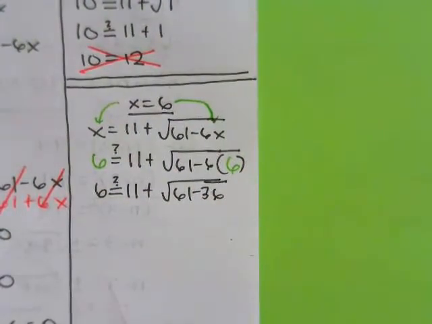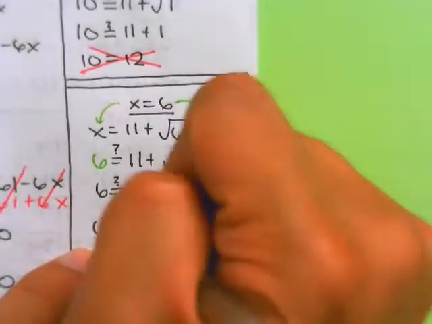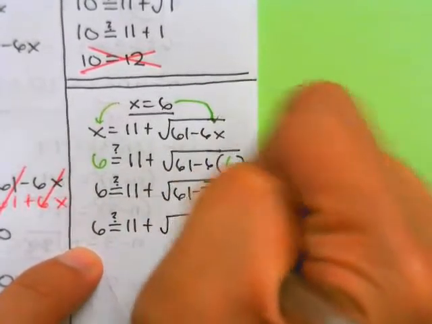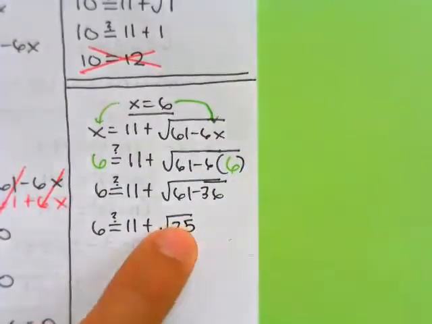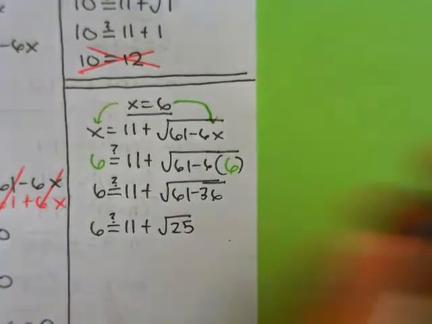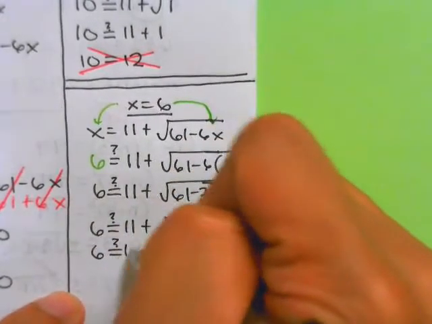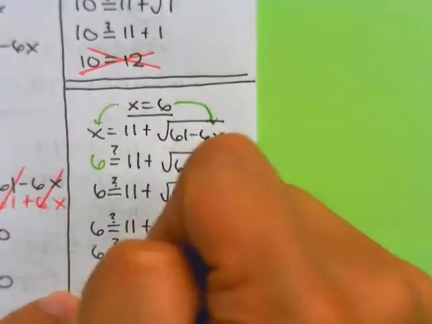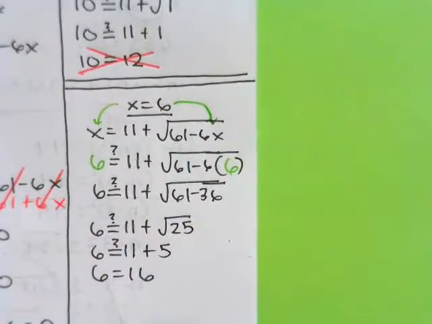And then 61 minus 36 is 25. It's the positive square root of 25, so that's just going to be 5. Oh no, 6 is equal to 16? I don't think so.